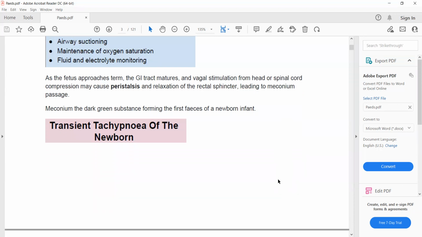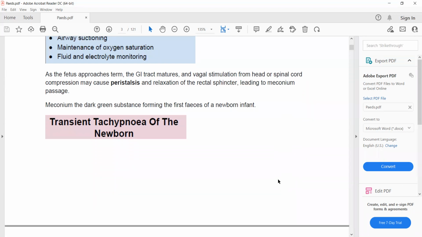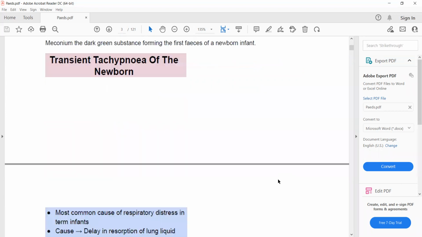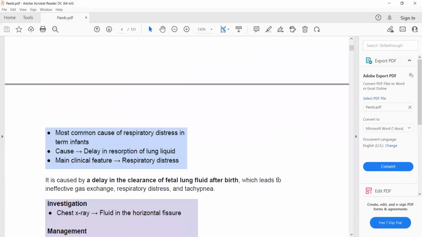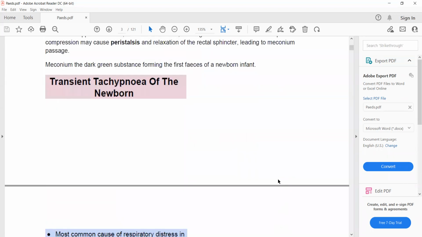So far we have discussed two causes of respiratory distress in newborn. Now, the third cause of respiratory distress or tachypnea or shortness of breath in newborn is transient tachypnea of the newborn.